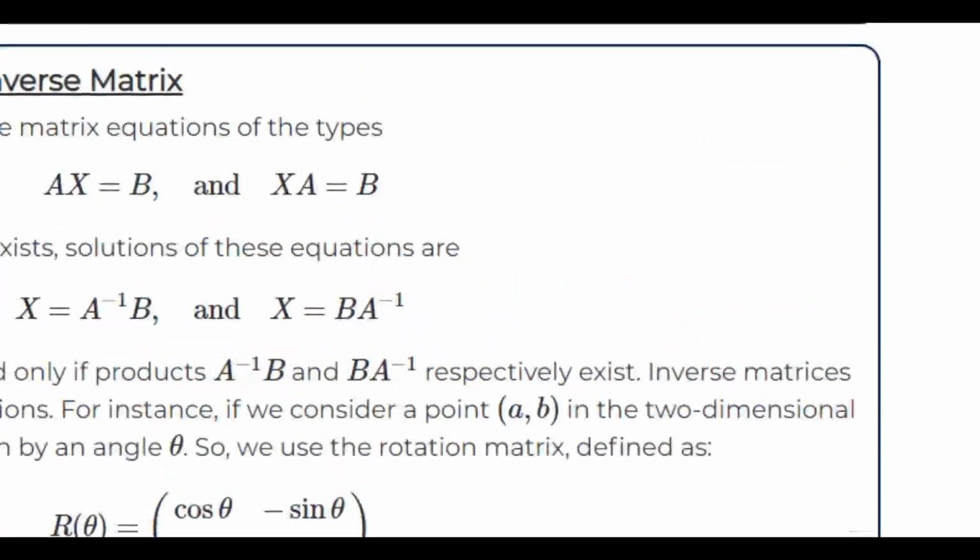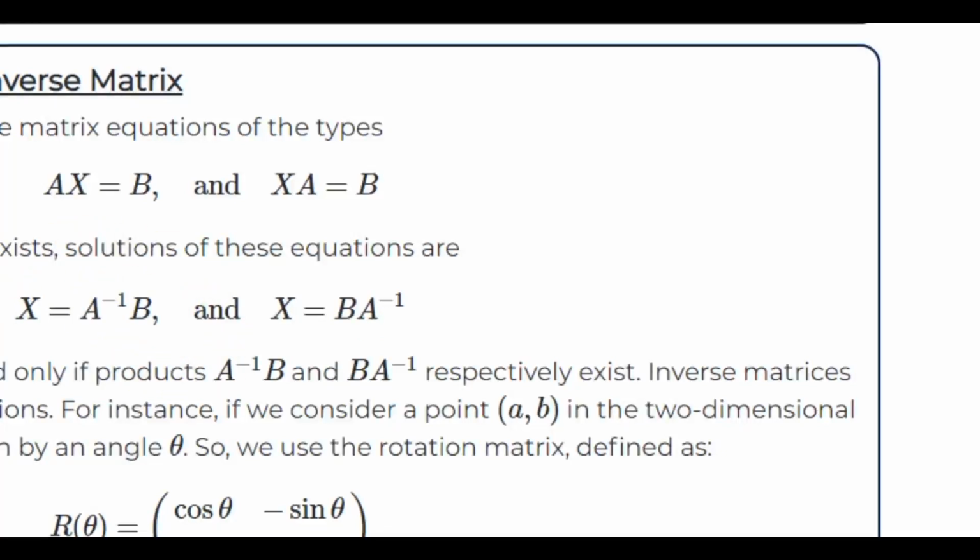So this formula basically follows this rule: AX equals B and XA equals B. Then the x is A inverse B. Look at, now the question arises: how do we solve it?